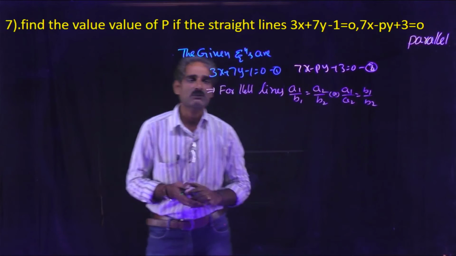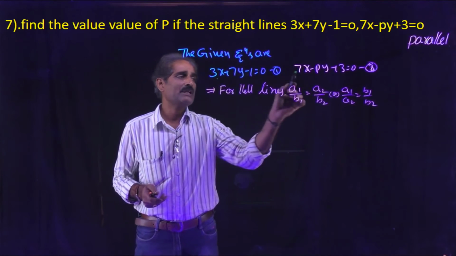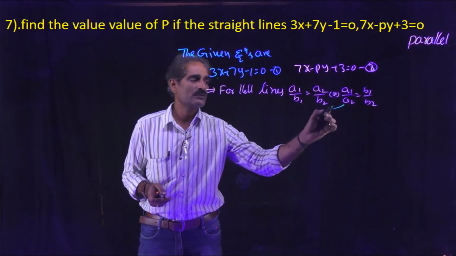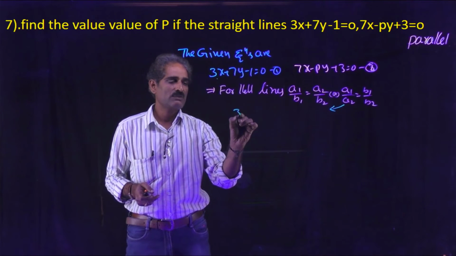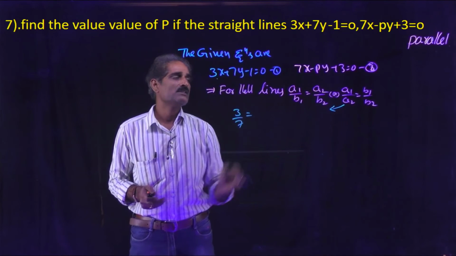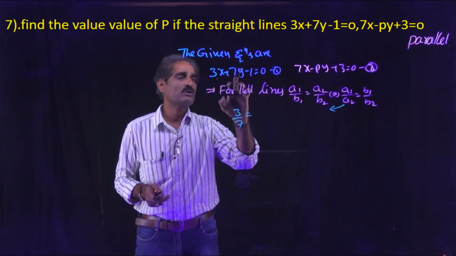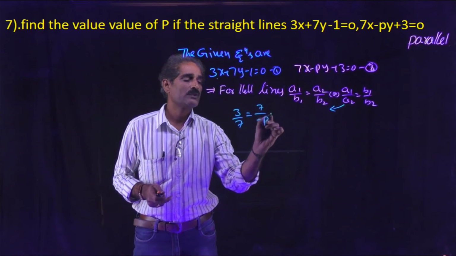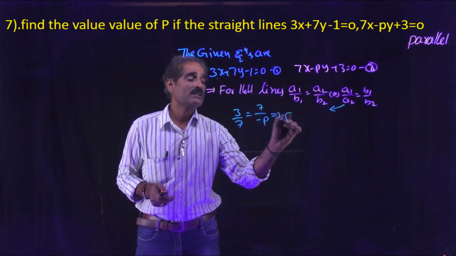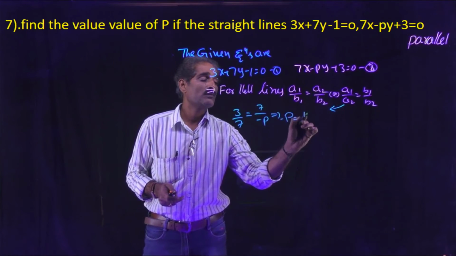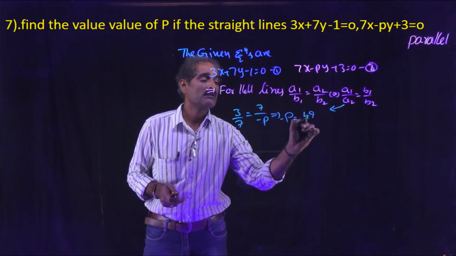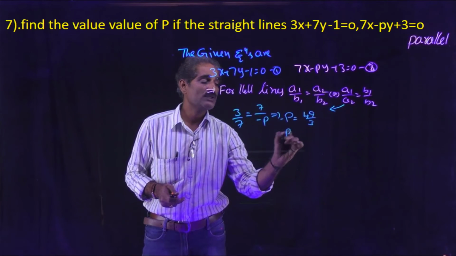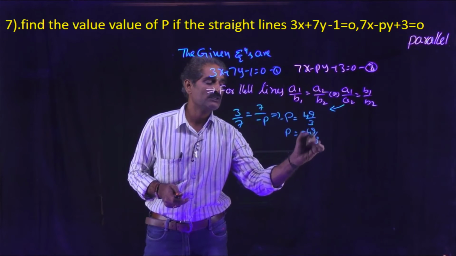Taking a1 by a2, 3 by 7 is equal to b1 by b2. So from this, minus p is equal to 49 by 3. So p is equal to minus 49 by 3.